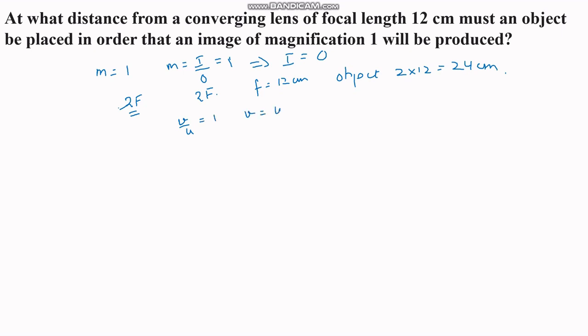So V is equal to U. Over here, 1 upon F is equal to 1 upon V minus 1 upon U. That means 1 upon 12 is equal to 1 upon U minus 1 upon minus U. That gives me 2 upon U, or U is equal to 24 centimeter. So by formula also you're getting the same answer, and otherwise you can use the first method also to get this answer.